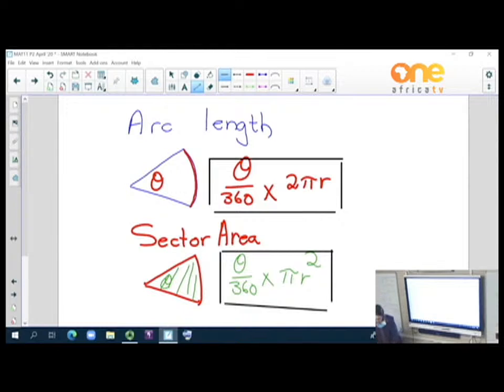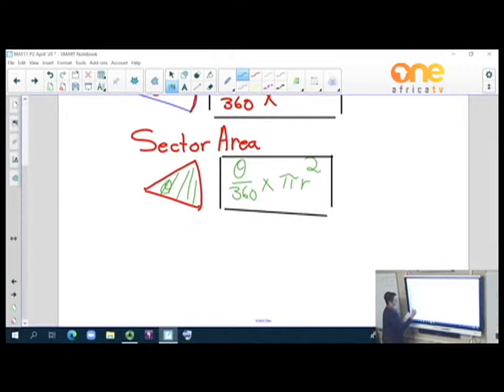Okay, so in the textbook, this is on page 505.